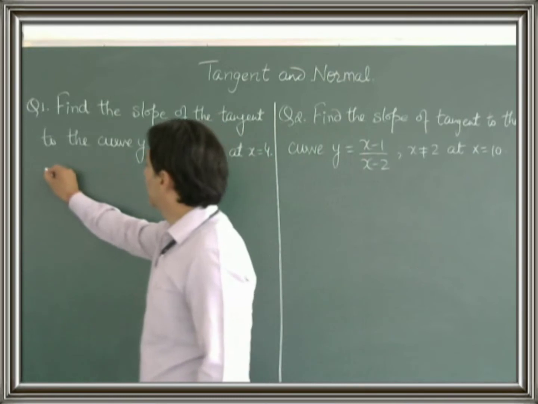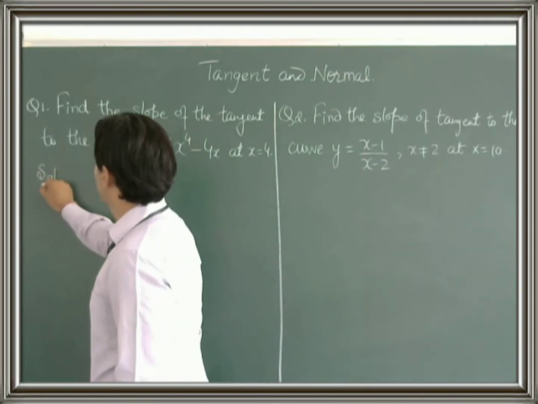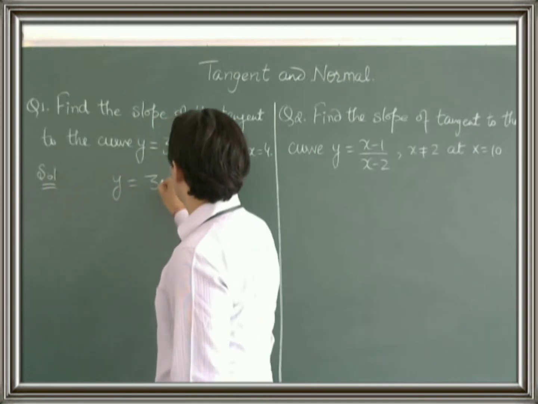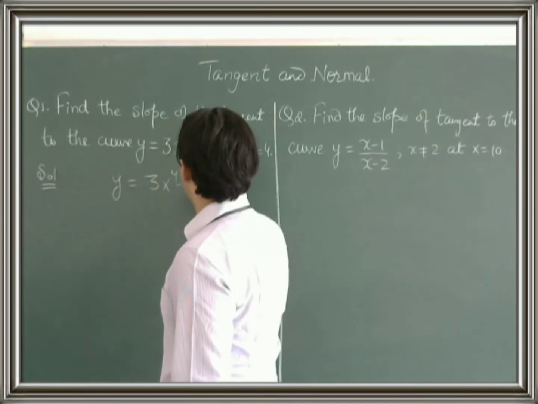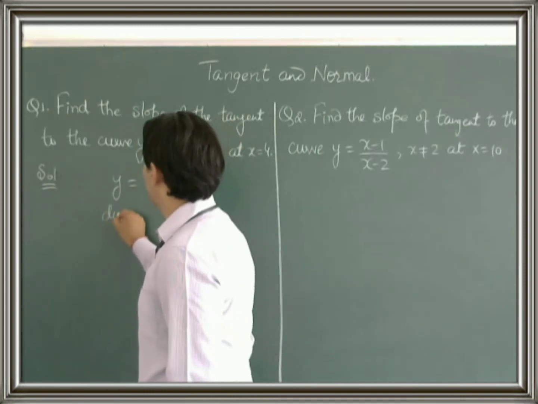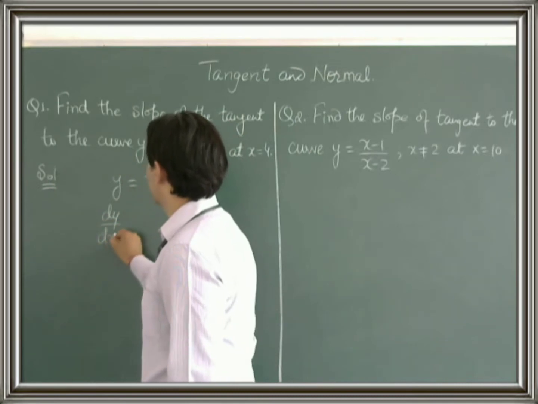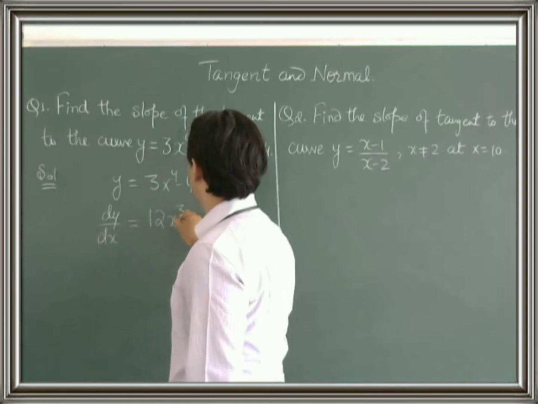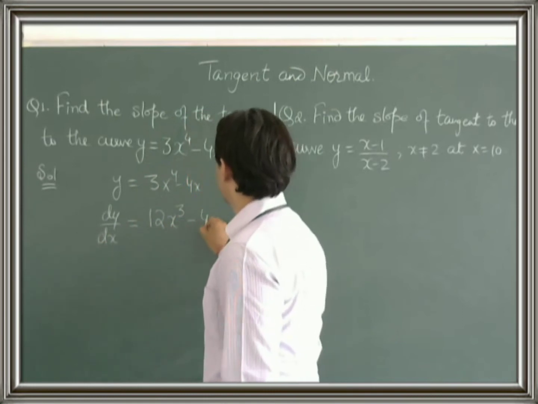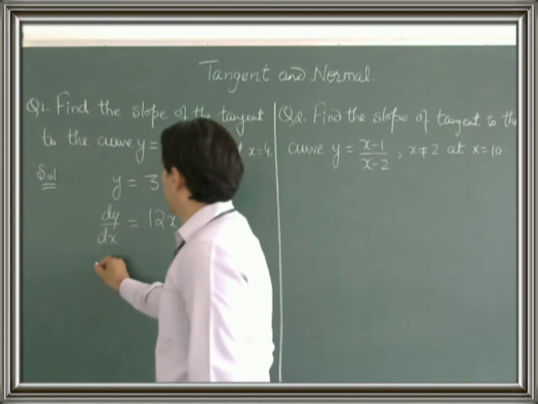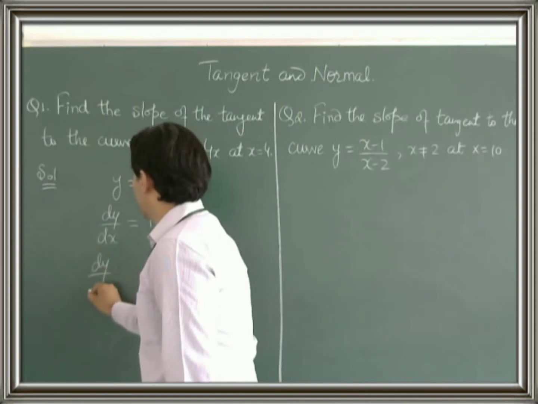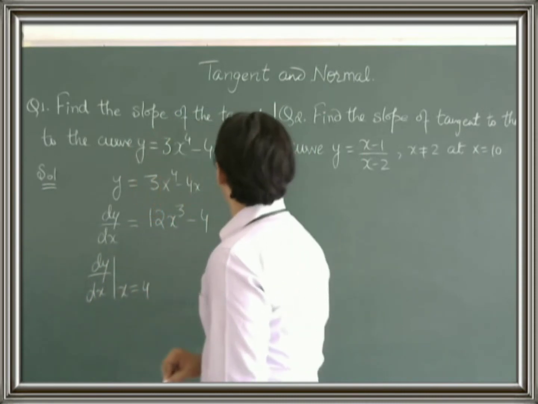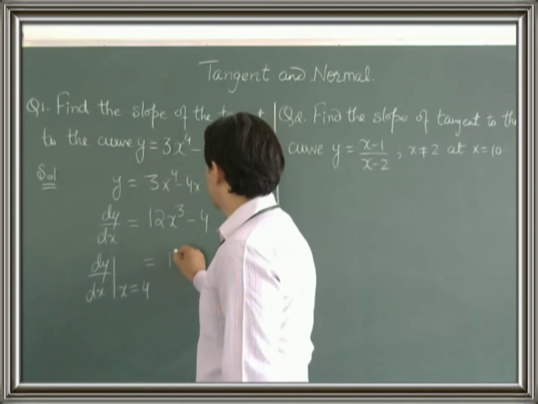So the slope of the tangent to the curve y is equal to 3x power 4 minus 4x is given by dy by dx. So dy by dx is 12x cube minus 4. Now the slope we have to find at x is equal to 4. So in place of x, I will substitute 4.